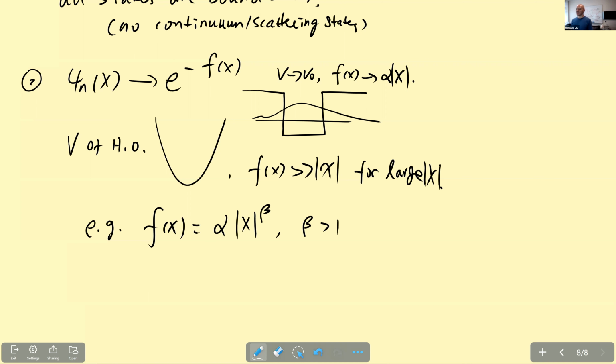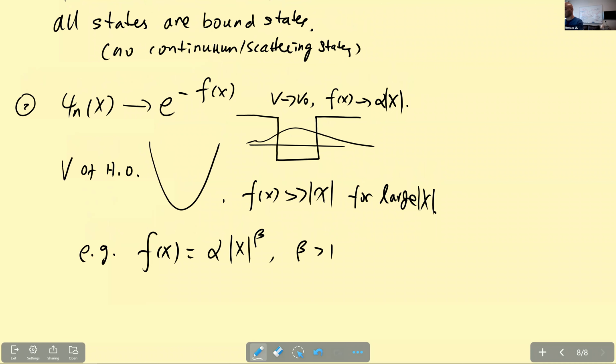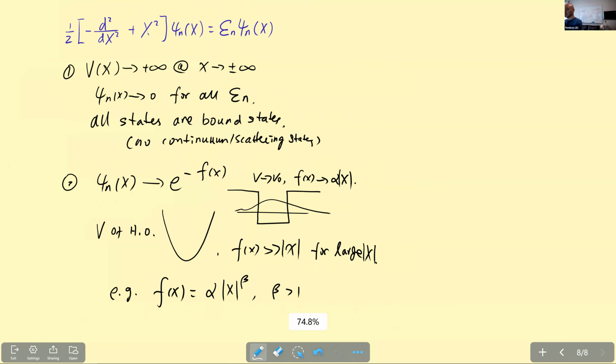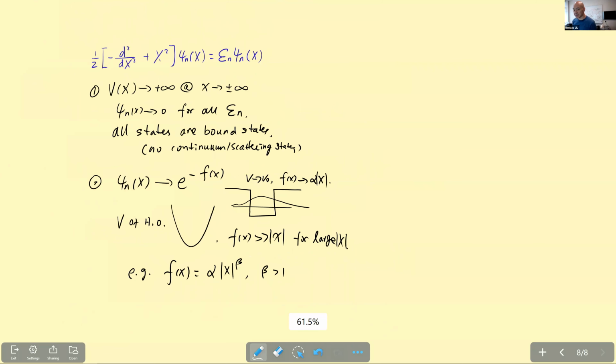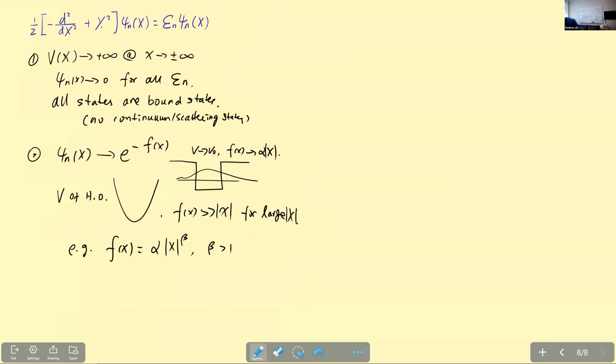In that case, you would have a potential that's a constant at infinity, which of course is not the case for the harmonic oscillator. So for the harmonic oscillator, if you write this as an exponential function of some function, that function should grow faster than the linear function, okay? So this is another feature that we should have for this.